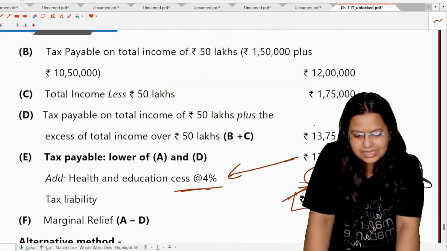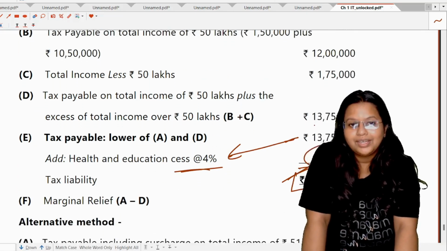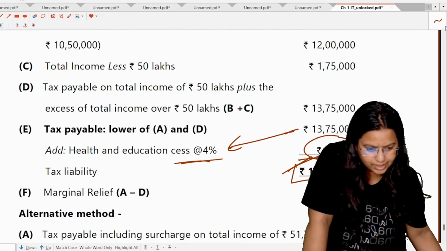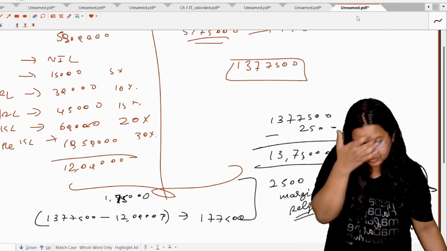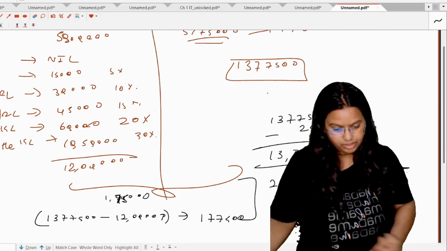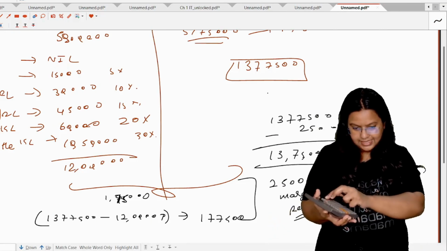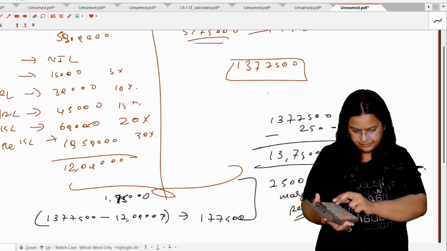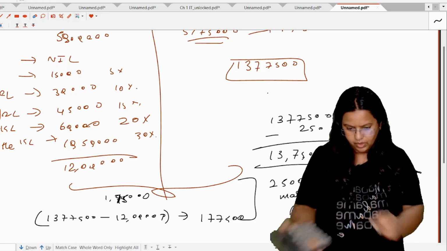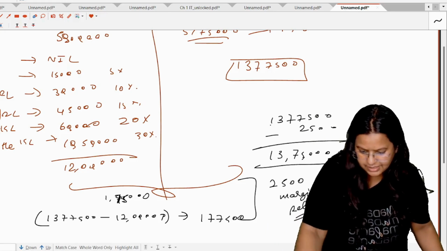In case, students, you have any kind of query, you can definitely ask. Let's come to the solution also. It was 13,77,500 minus 12 lakh, that was 1,77,500.